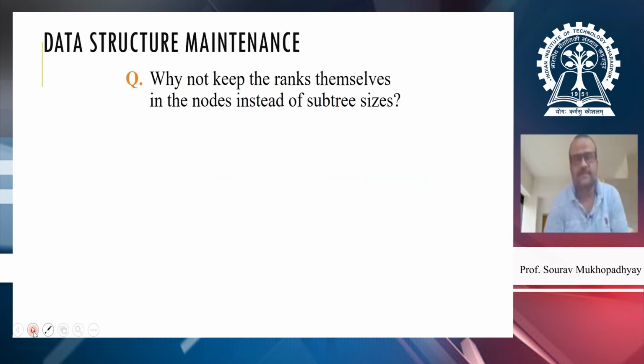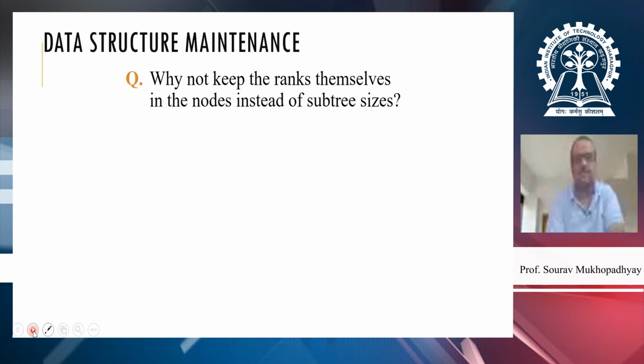Any idea? Sir, suppose we are inserting some element which is pushed into some left subtree. Then for that we have to update the ranks of that subtree also, and we have to update the ranks of the right subtree also. So it will take so much time. Yeah.